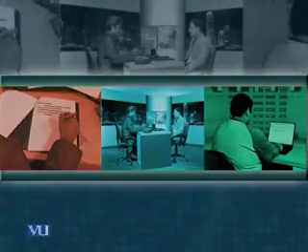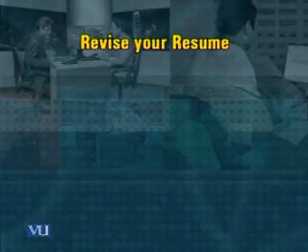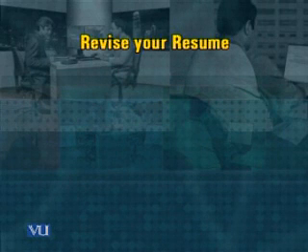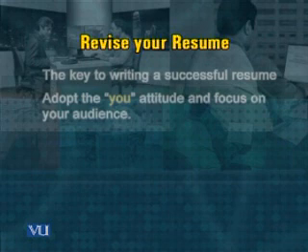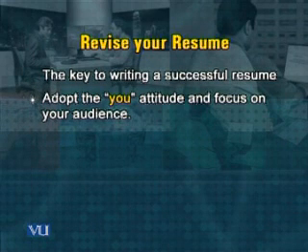So here you come to the stage of revising your resume. At this stage, think of including the you attitude into your resume. You attitude means giving consideration to your reader. So whenever you have written it, you need to revise it.